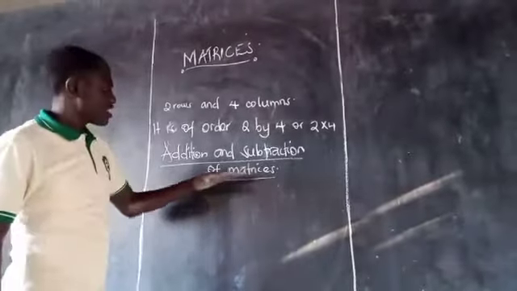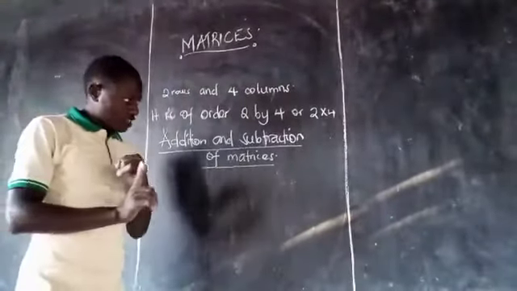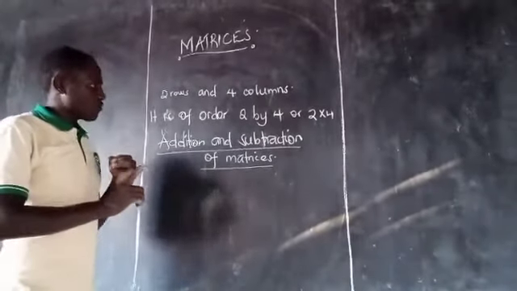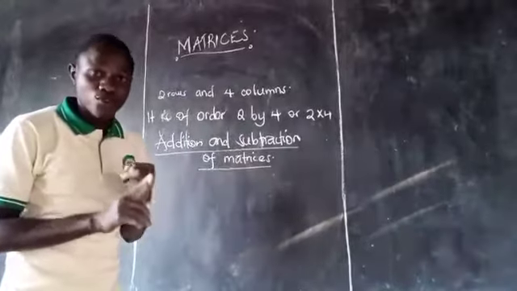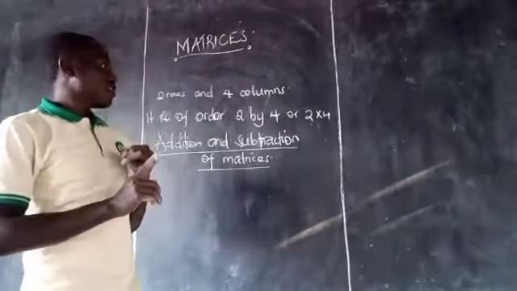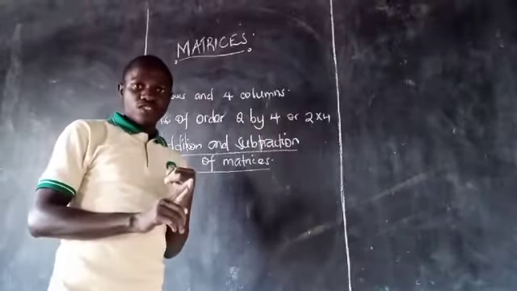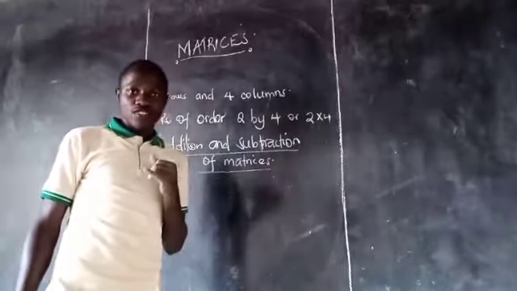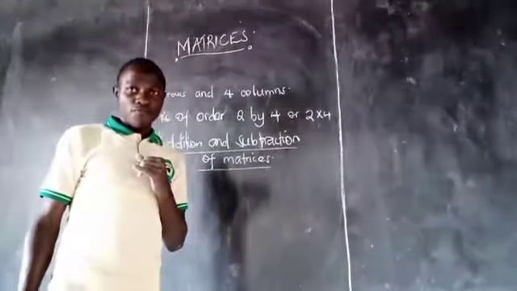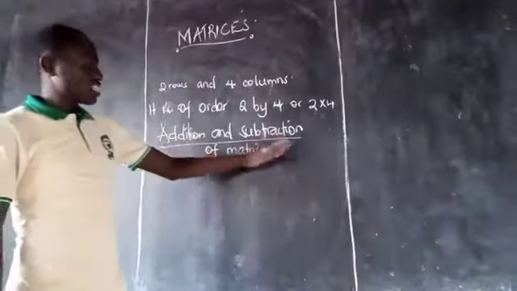Under addition and subtraction of matrices, we have 2 conditions we follow. Point number 1 is, for you to add 2 matrices, they must be of the same order. If it is a 2 by 2 matrix, it should be added to a 2 by 2. But you cannot take a 2 by 2 and add it to a 2 by 4 matrix. That is impossible. You do that for addition and subtraction.